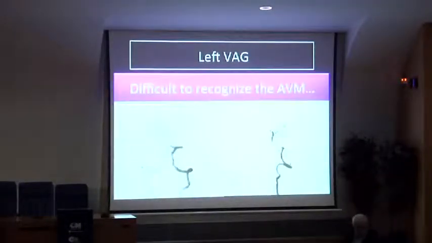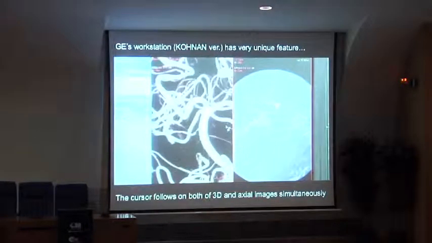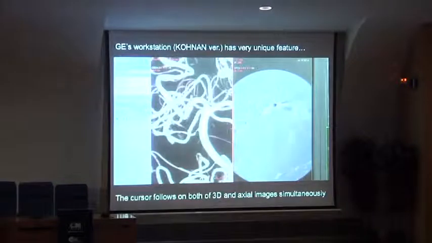But it is difficult to recognize the AVM because the AVM is so small, and in such cases, to understand angioarchitecture is important. I will show you the movie. Our GE workstation has a very unique feature.